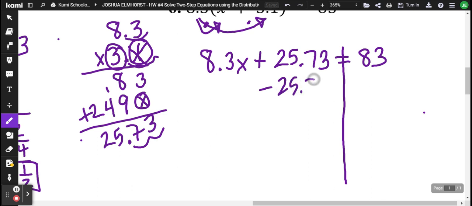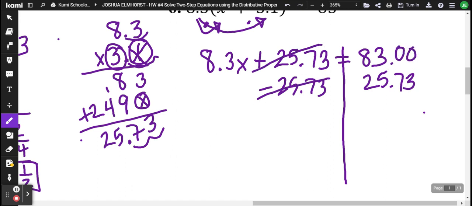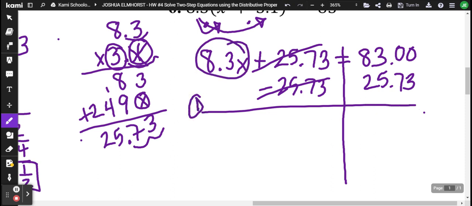Subtracting 25.73 from both sides. And it looks like we're going to have to borrow on the right side. So it's going to cancel here. We're left with 8.3x on the left side, is equal to, now let's go ahead and subtract this.